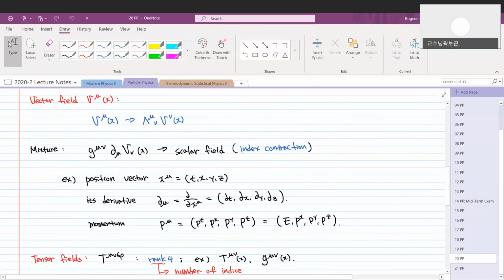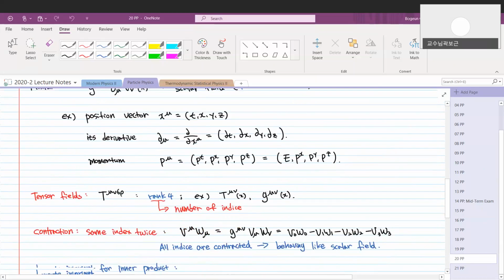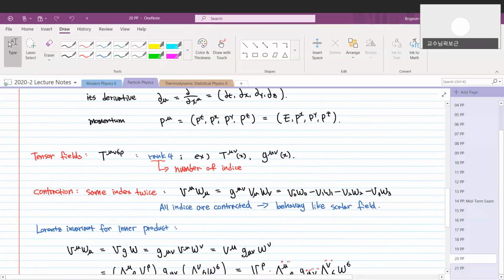So if there are no indices, without Einstein summation, then the mixture of the fields behaves like a scalar field. And we can also consider many indices in one function, then we call it a tensor field.